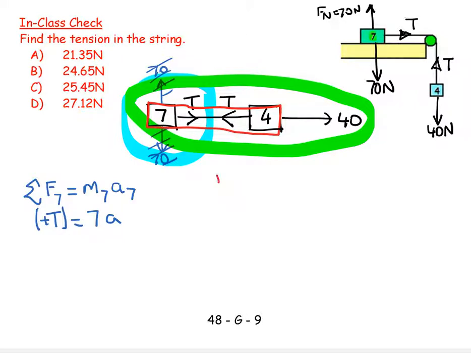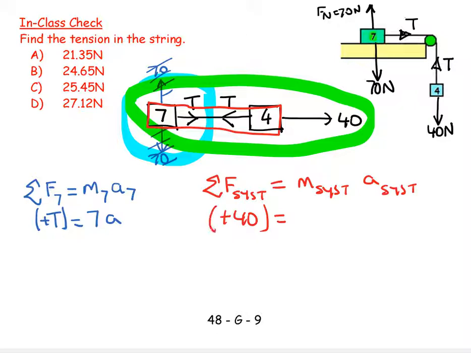So I can now say the sum of the forces on the system is equal to the mass of the system times the acceleration of the system. The sum of the forces, there's only going to be the plus 40, is equal to the mass, which is 4 plus 7, and I like to write it like that so that I remember that I did take that into account.